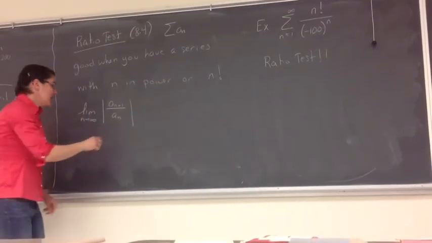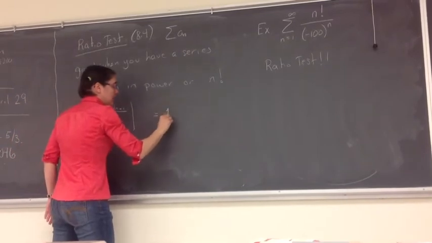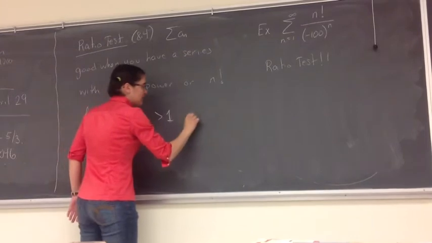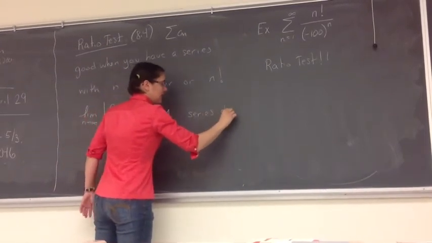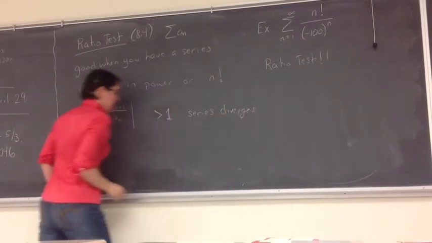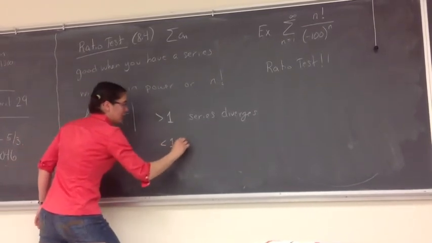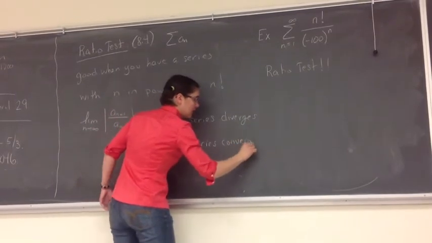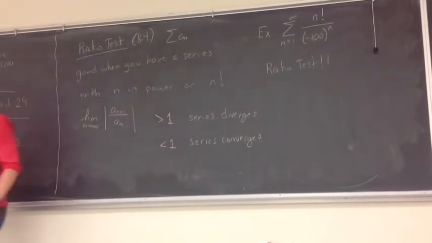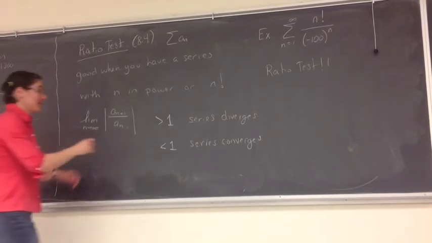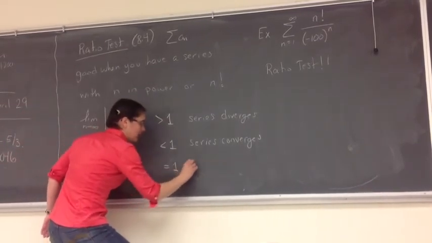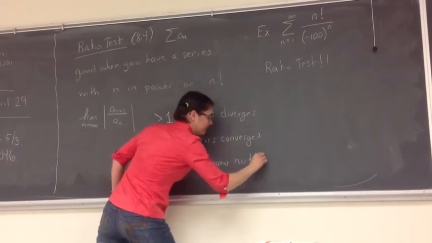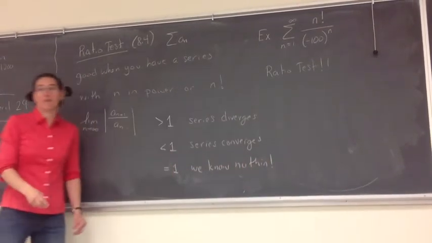If this limit is greater than 1, then the series diverges. If this limit is less than 1, then the series converges. And if this limit is exactly equal to 1, we know nothing, so the test fails.